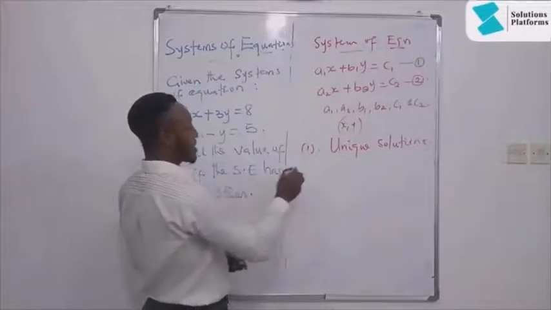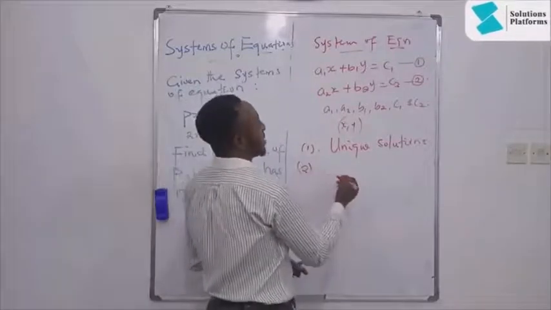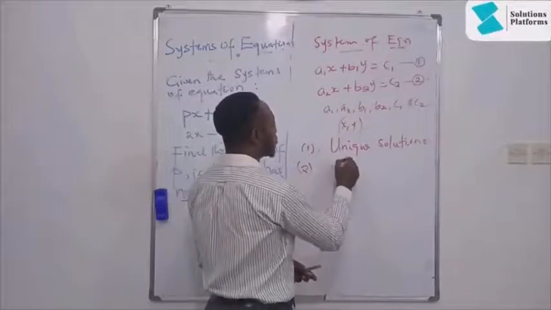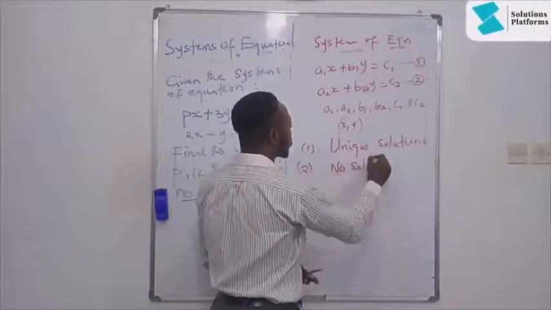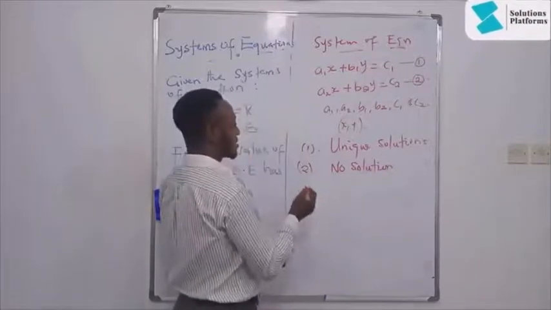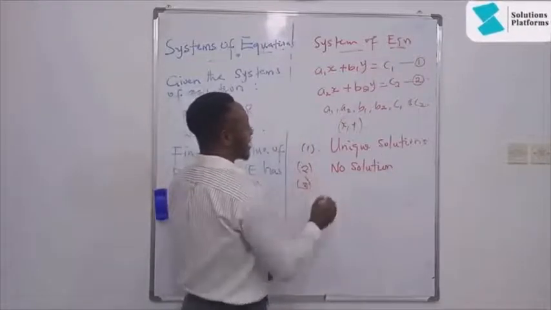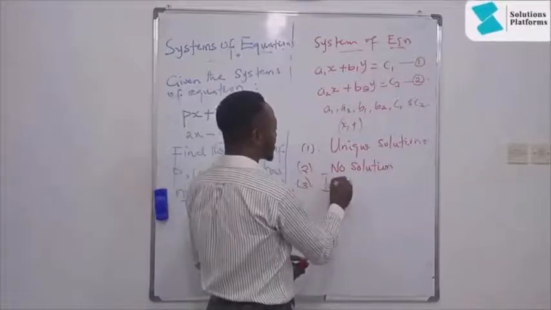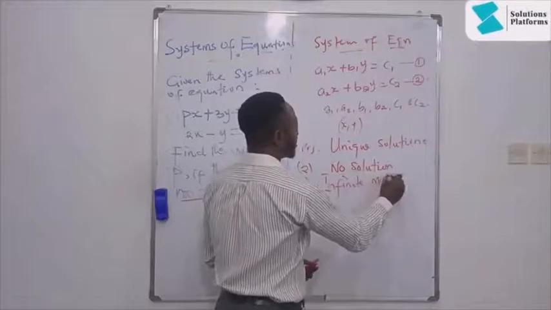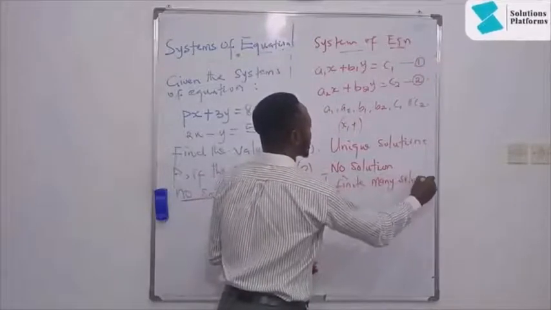So I'm coming there, which is number 2. Another solution case is when you have no solution. I'll be talking more about that in a bit. The third one is infinitely many solutions.